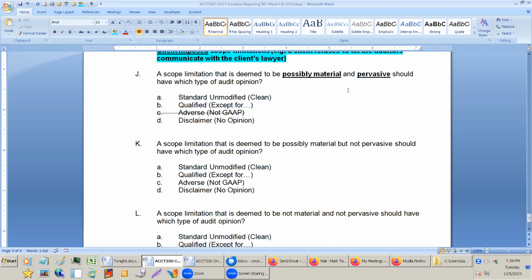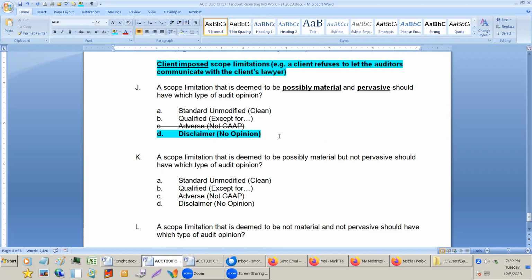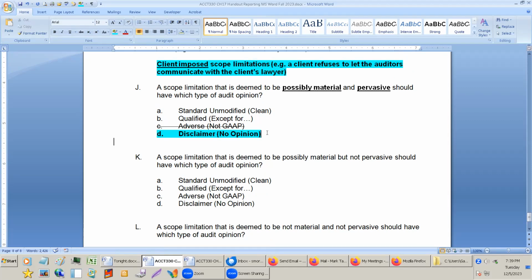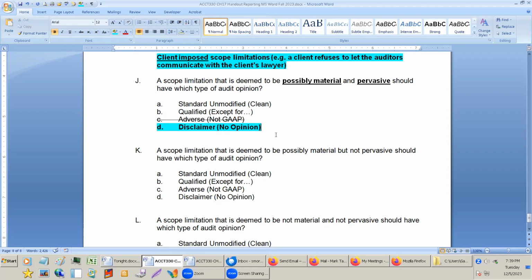This is where I'm going to talk about that next. This would probably be a disclaimer. It's possibly material. You don't know if it's material or not, but it'd be a disclaimer, and that's no opinion, and there's really no value to a disclaimer. So it's probably the second worst opinion to get, other than adverse. A disclaimer means here's nothing, and here's our bill.